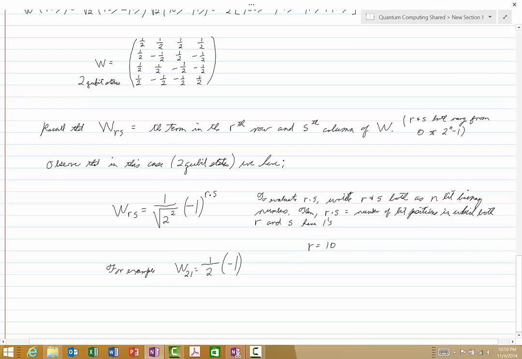So R would be 1, 0. S is equal to 1. How do we write 1 as a 2-bit binary number? That's also easy. That's equal to 0, 1.